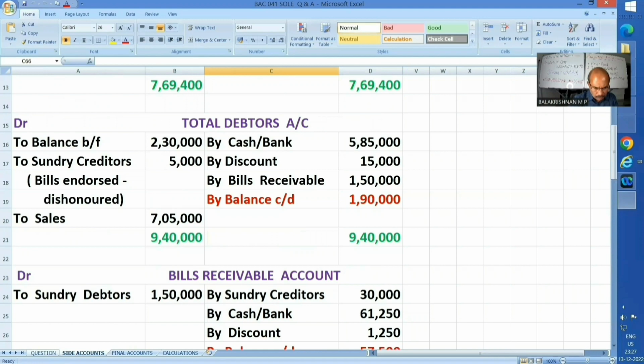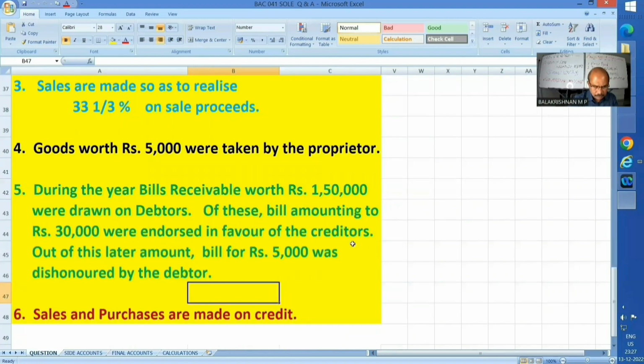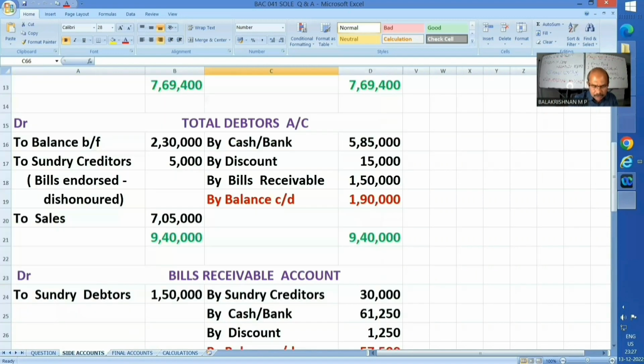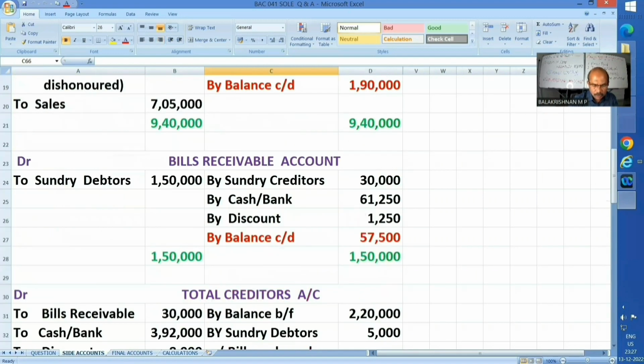Further, what they told, out of this latter amount, bill for rupees 5,000 was dishonored by the debtor. So it's a case of endorsed bill dishonored. Here also, your knowledge of the bill of exchange chapter helps to record. That means who will be debited and who will be credited. Debtors have to be debited and creditors have to be credited.